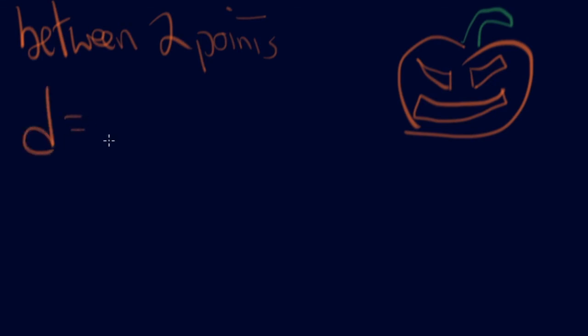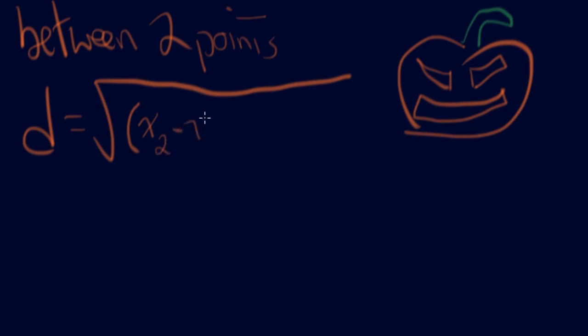The distance is equal to the square root, yes, it is that long, of x2 minus x1, that's how you read that, squared, plus y2 minus y1. So it's a little subscript right there, squared. So it's a little bit different.